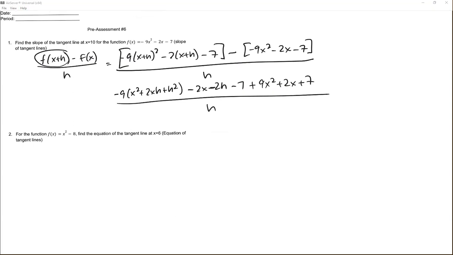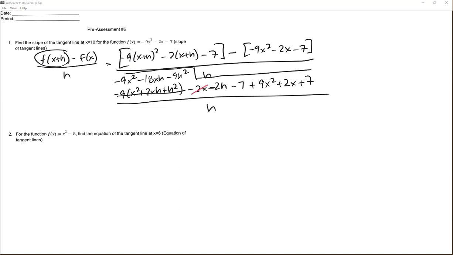I'm going to distribute this 9. So it will be -9x squared minus 18xh minus 9h squared, and this is part of this. So if you simplify, let's cancel as much as we can out.